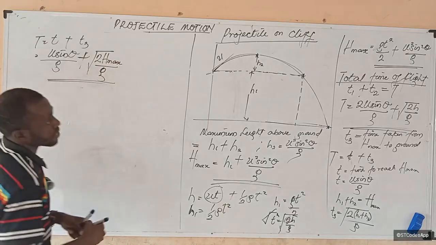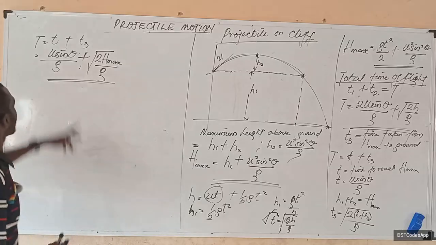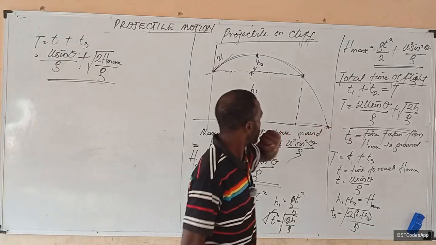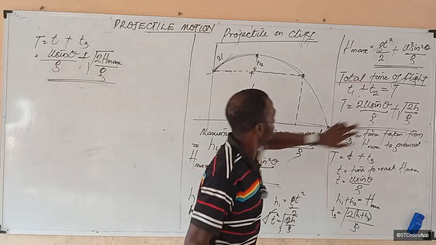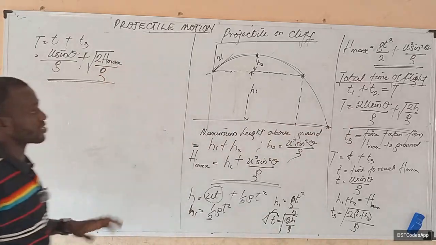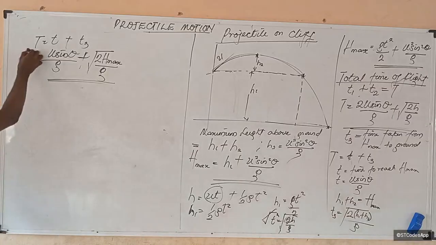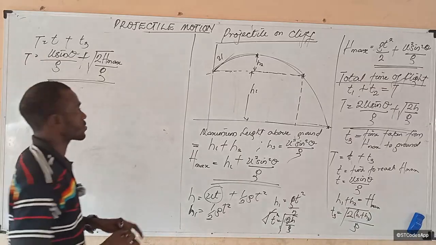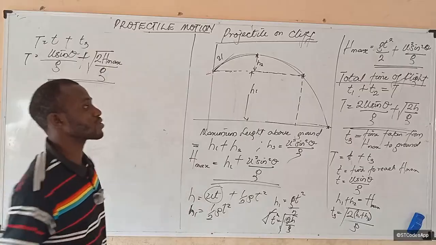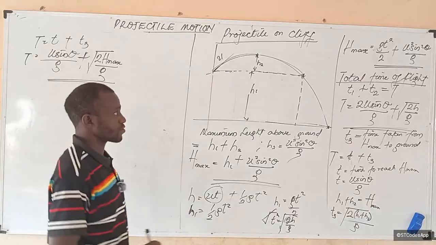So this is another formula. Is it different? Yes. You see it's different. So it's still t. Then you can go on to do things. You can equate them and see what will come out.